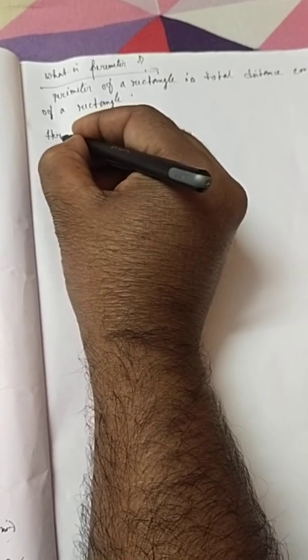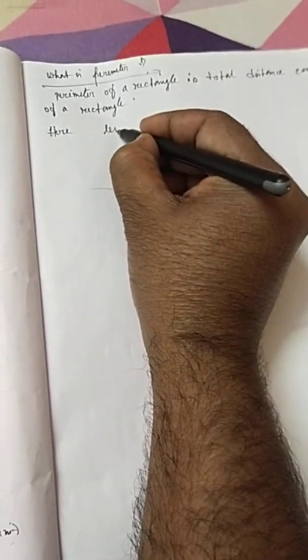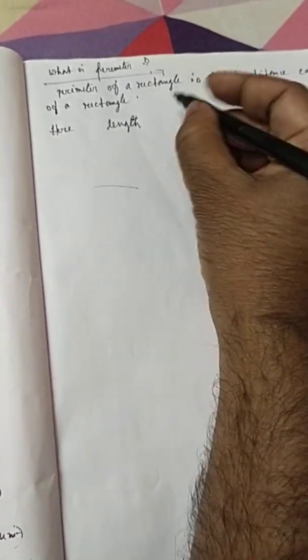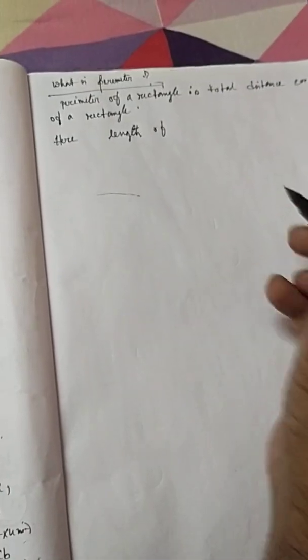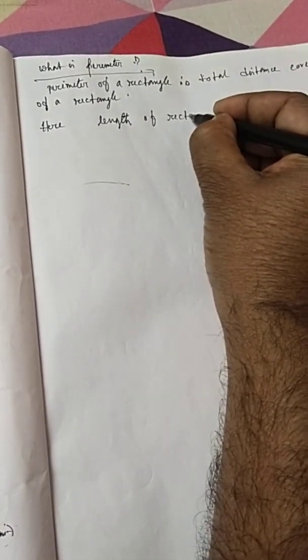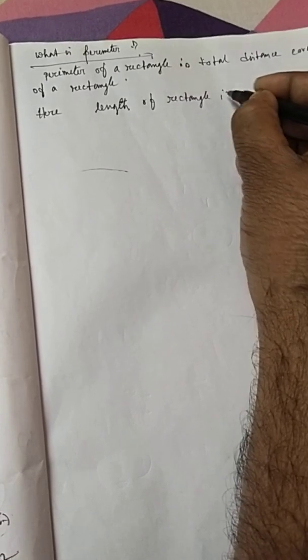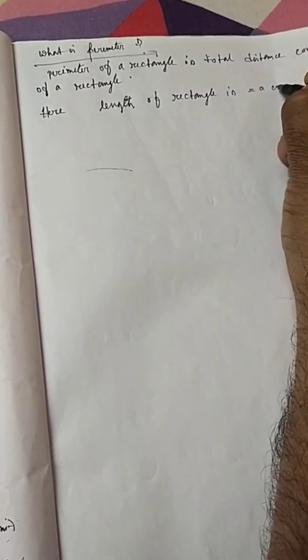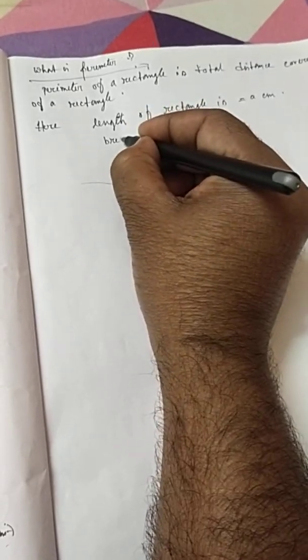Here length of rectangle is a centimeter. Breadth of rectangle is b centimeter.